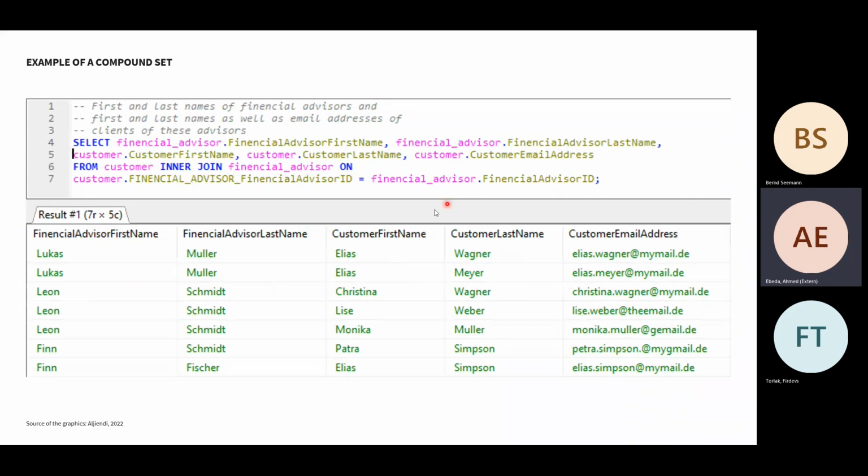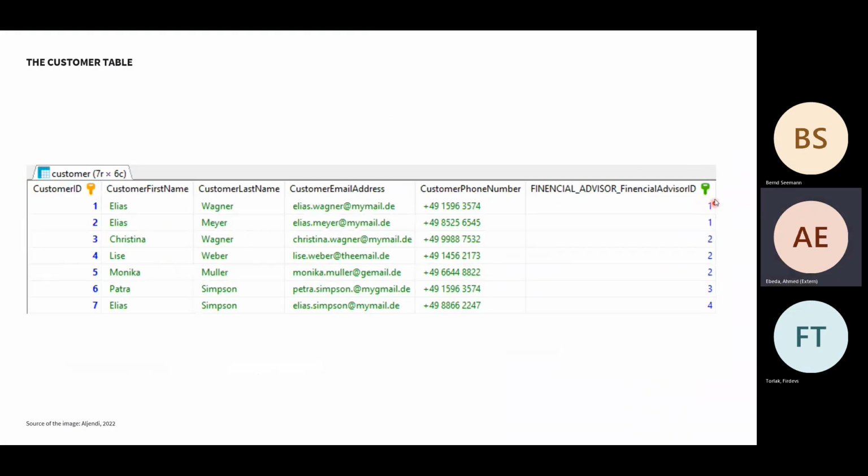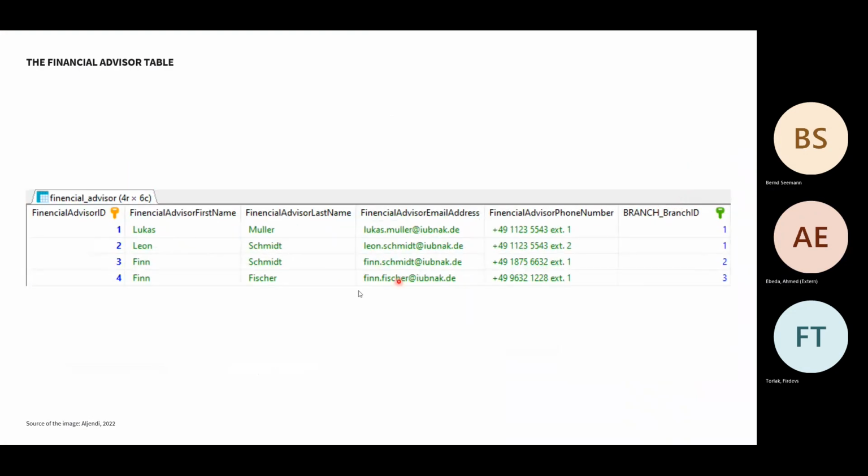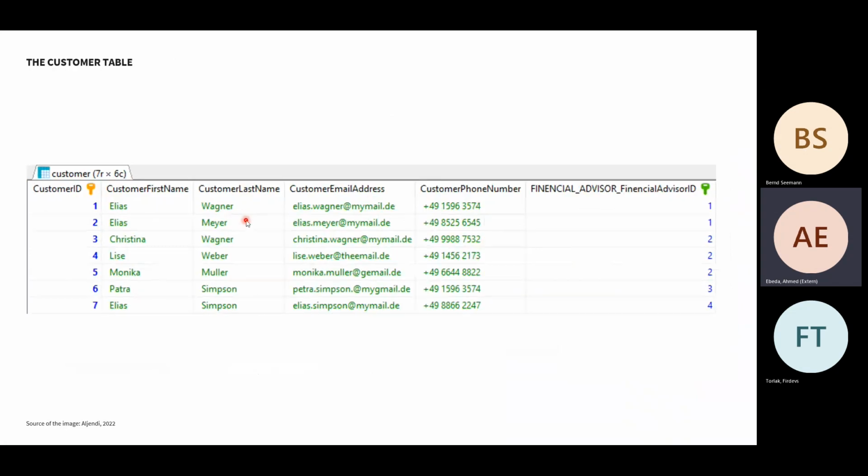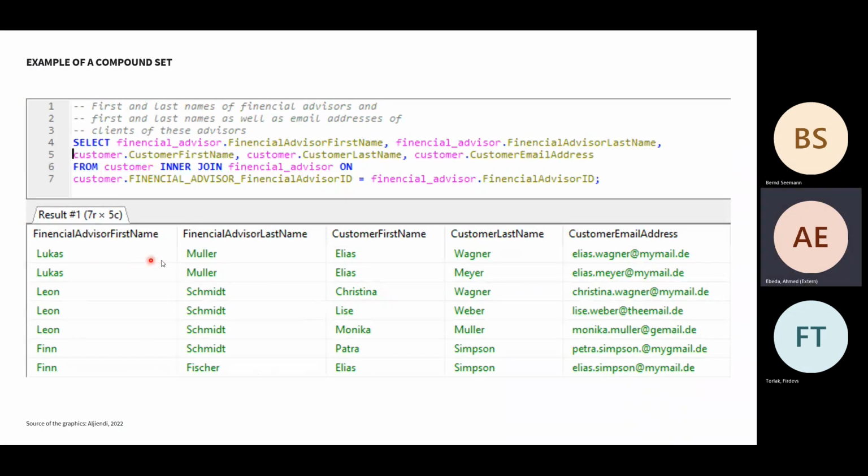Go to financial advisor. This one. It's Lucas Muller. Lucas Muller was with alias Wagner. Do you understand what we need or the output from this?